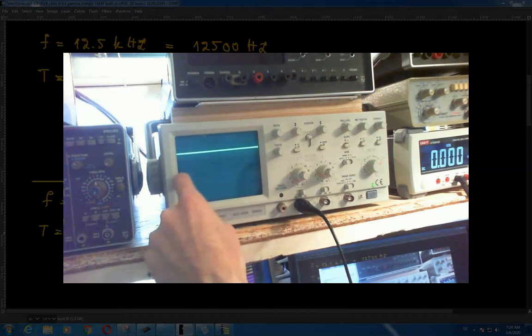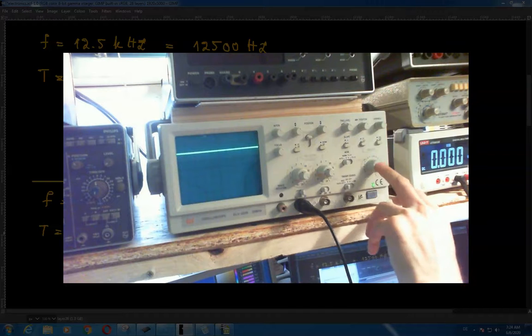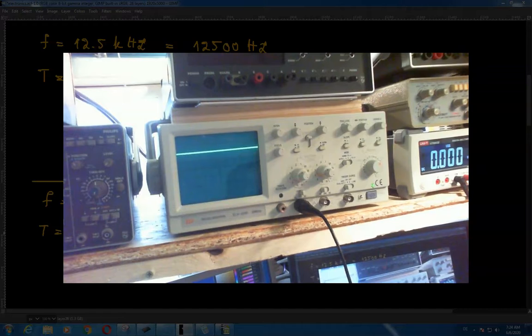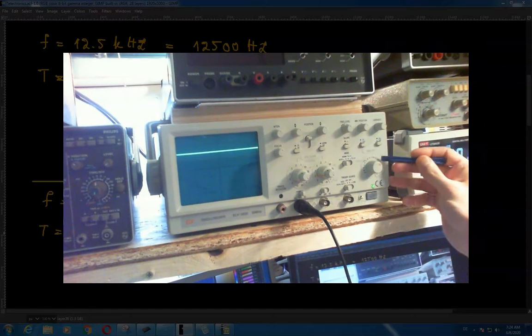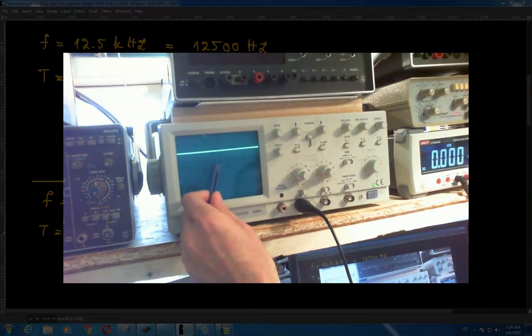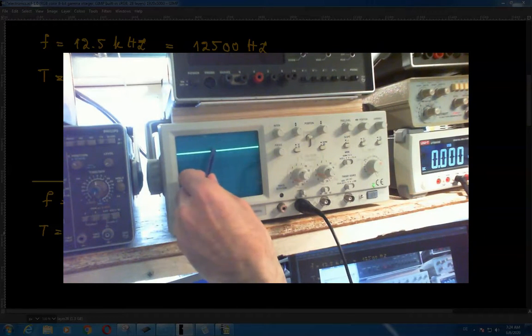And this is time based. This is your time axis, and your time axis is controlled by this switch over here. Right now, I'm not sure if you can see this, but my time base is set to 10 microseconds. That means that each of these horizontal divisions is 10 microseconds.